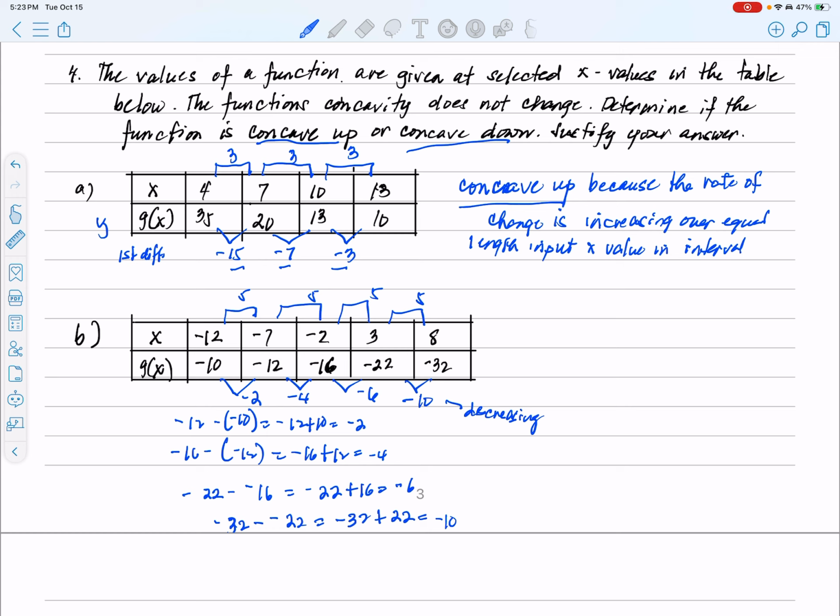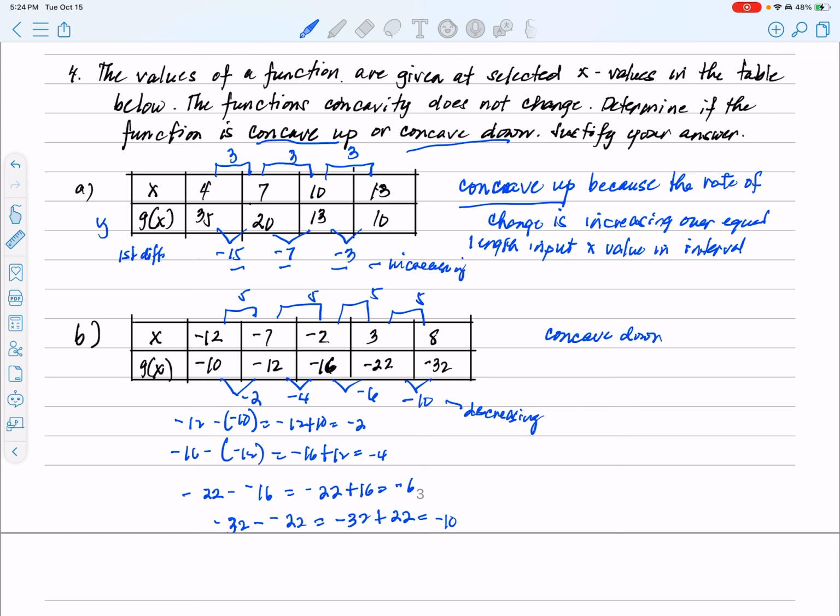As the value of the negative moves farther away from 0, the value is decreasing. For a negative value that moves closer to 0, then it is increasing. Okay? So that means if this is decreasing, this is concave down.